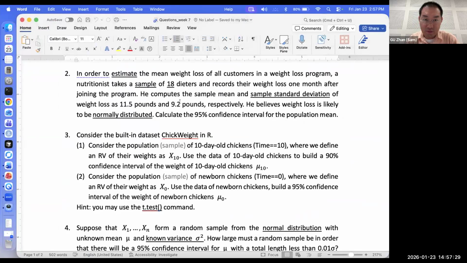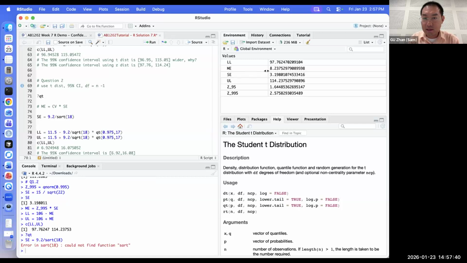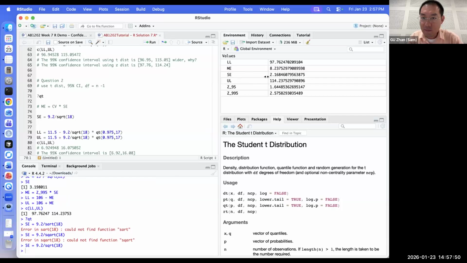S is 9.2, n is 18. Let's have a look. SE now we get 2.168.